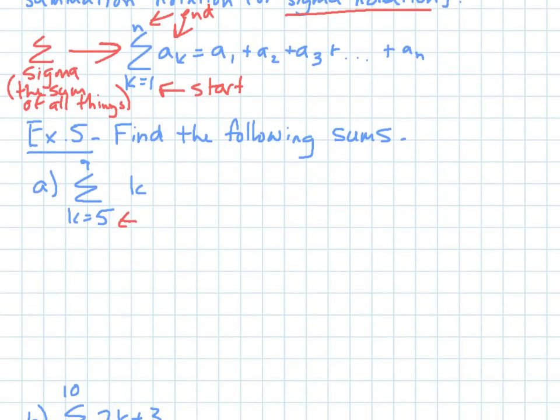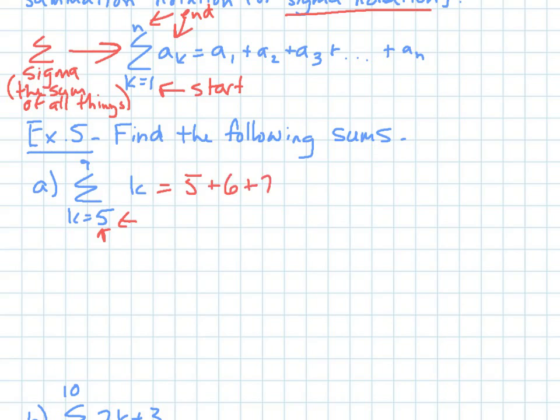So example 5 wants us to find the following sums. So here we want to find the summation from 5 to 9 of k. So k is just a variable. So since we're starting at 5, that's the first thing I plug in. So I plug in 5, and that's the first one. Okay? Then I plug in 6. Okay?